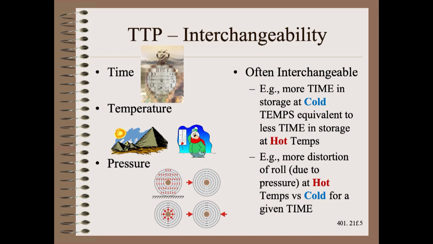Another example is that there is more distortion of a roll in storage due to interlayer pressure at hot temperatures versus cold for a given time. Other of the many examples of interchangeability in common converting processes include drying speed and drying temperature, or calendaring speed and calendaring pressure.